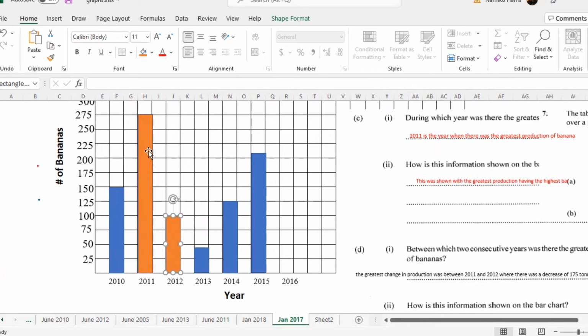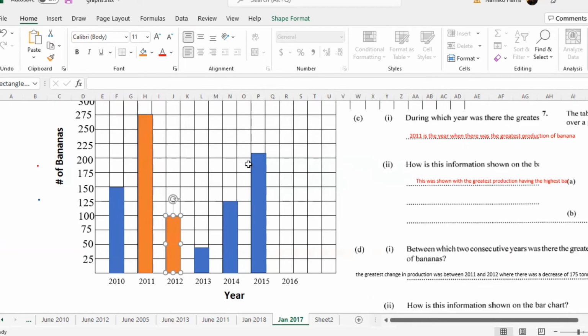So now if you look at the change in production between any of these bars, you could say, okay, from 2010 to 2011, there's a change of 1, 2, 3, 4, 5 centimeters here. From 2011 to 2012, there's a change of 1, 2, 3, 4, 5, 6, 7. So 7 from 2011 to 2012, and like 2¼ here, and 3¼ here.